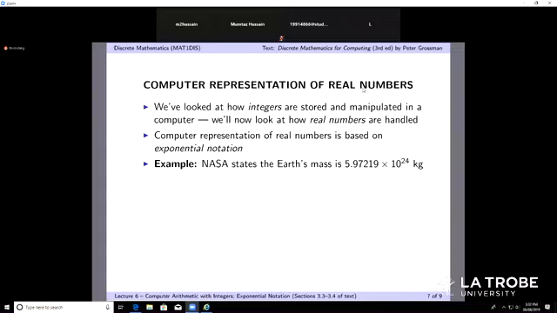NASA states that Earth's mass is 5.97219 times 10 to the power 24 kilograms. What does that mean?